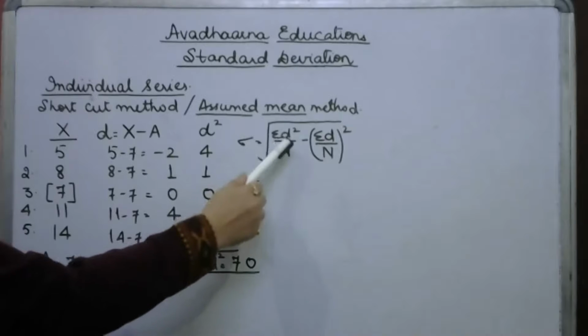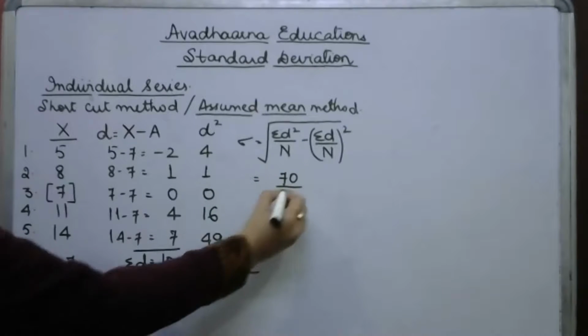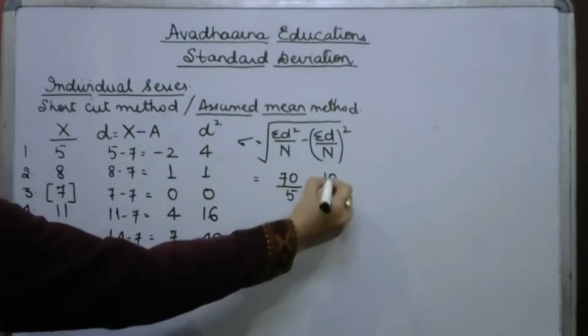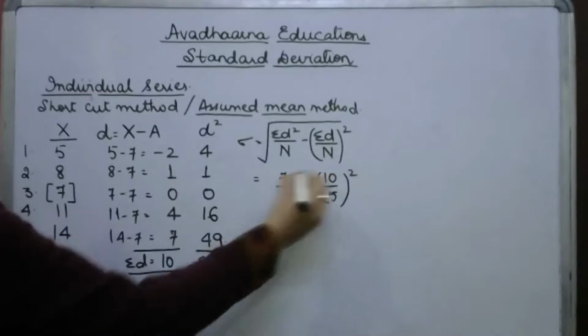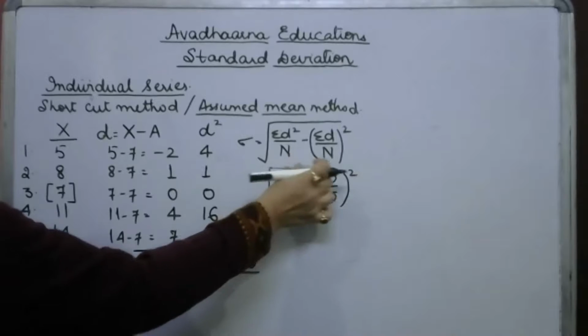Summation d square is 70 upon n, the number of observations, 5, minus summation d, 10 upon 5, whole square, and we'll take the square root of this whole.